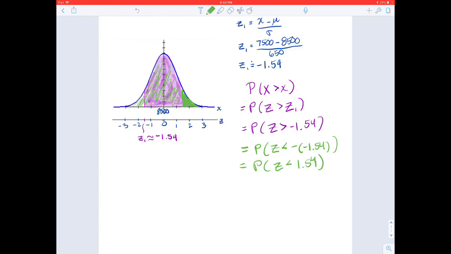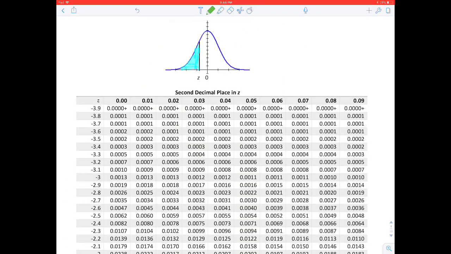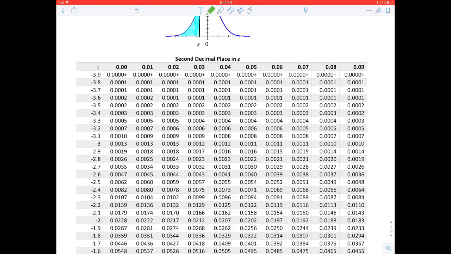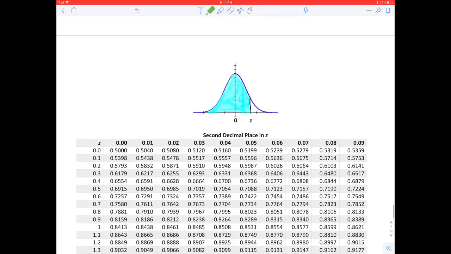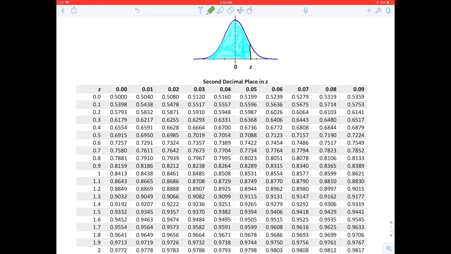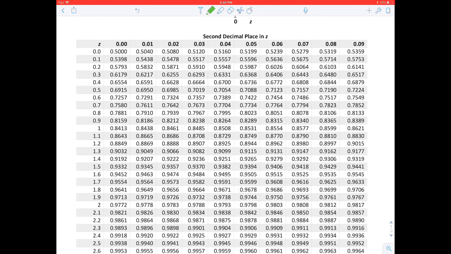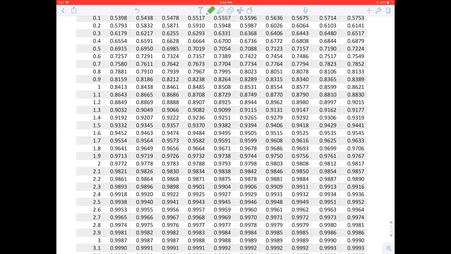And now let's check out our table. This is the probability that z is less than some standardized score. We are looking at the probability that z is less than 1.54. So what we do is this. Here's the 1.5.